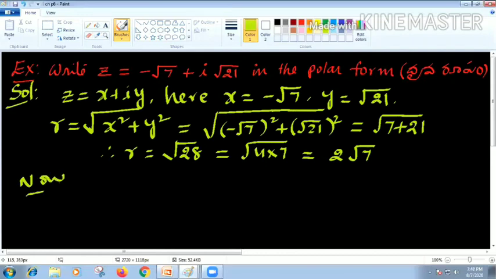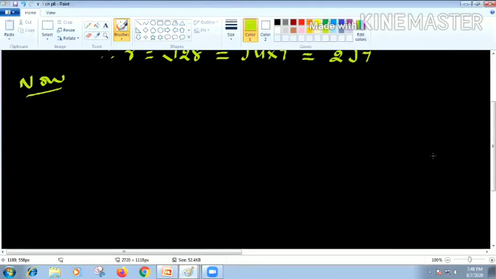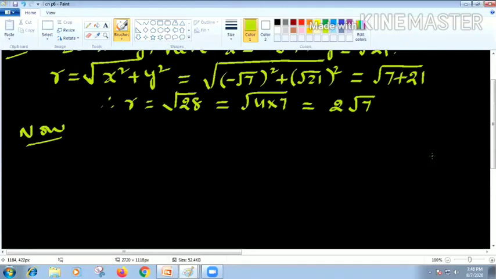Now let us find the amplitude, the theta value. So here theta is equal to tan inverse y by x.